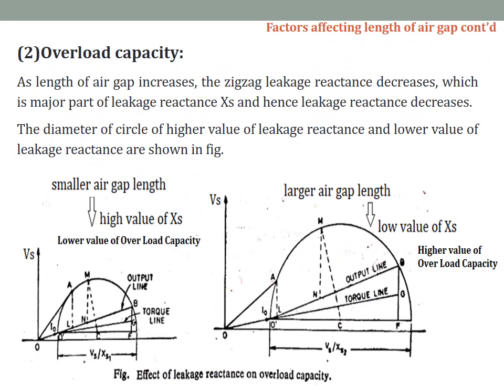Now coming to overload capacity. As the length of air gap increases, the zigzag leakage reactance decreases, which is a major part of the leakage reactance, and hence the leakage reactance decreases. Understood?